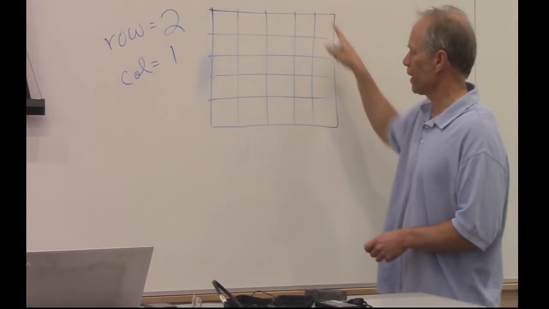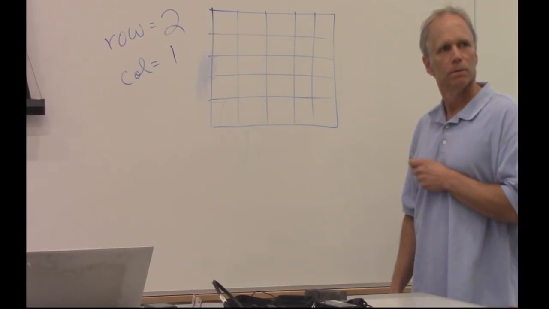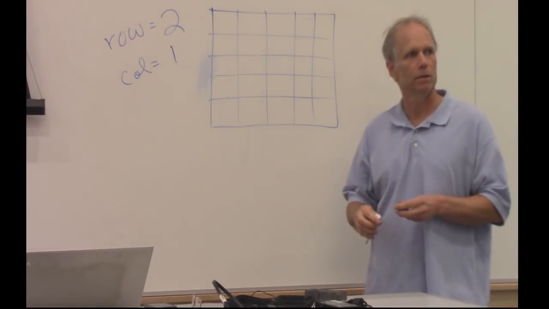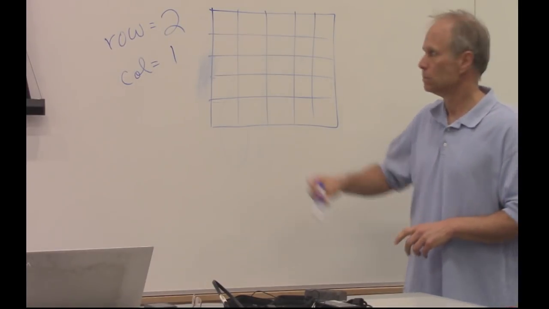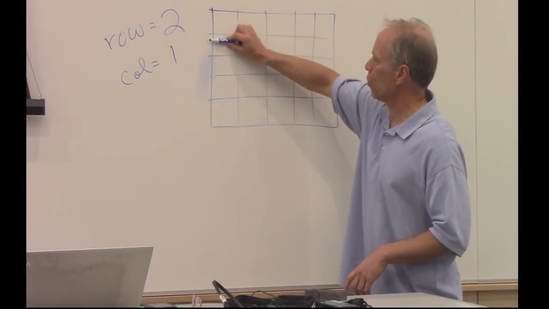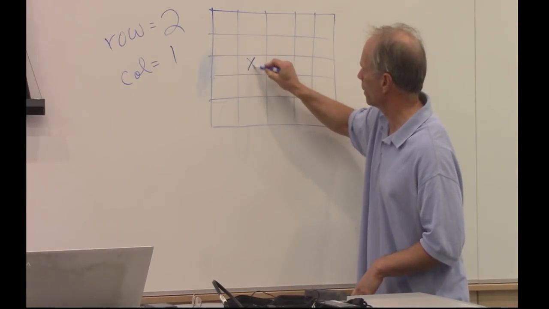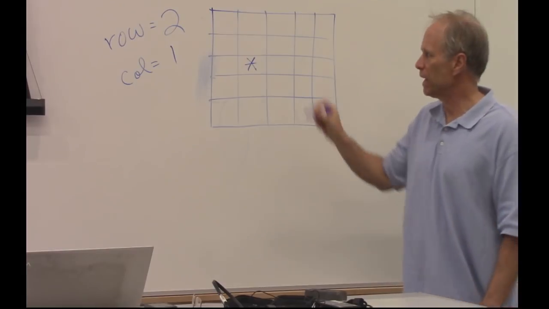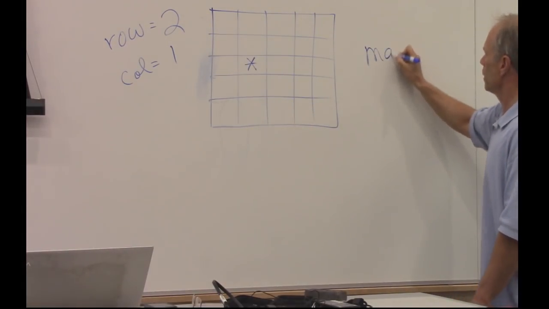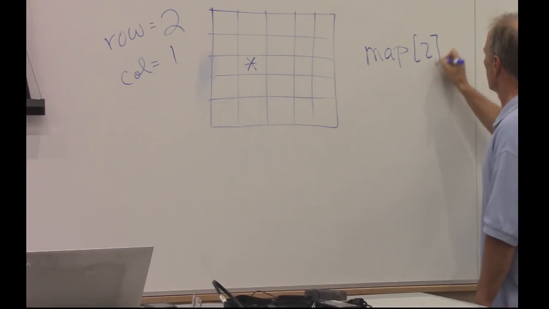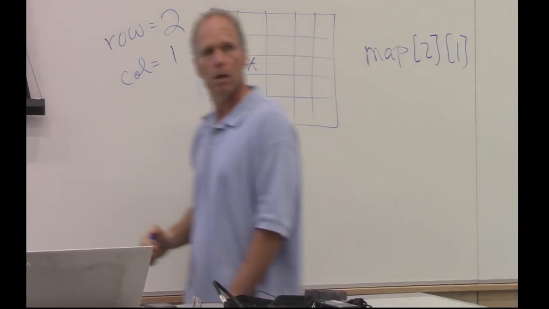Which of these cells are we talking about? Remember, it's zero-based. Row 2, so 0, 1, 2. Column 1, 0, 1. So we're talking about this square right here. The index of that square is 2, 1. If we were doing an array, it would be map sub 2 sub 1. It would be the character stored right there.